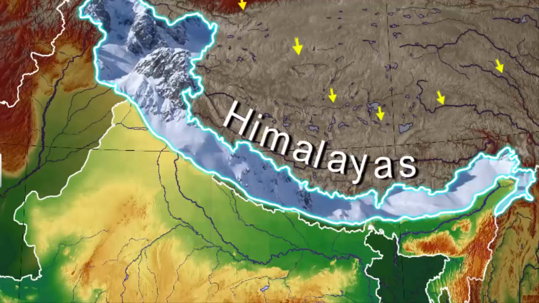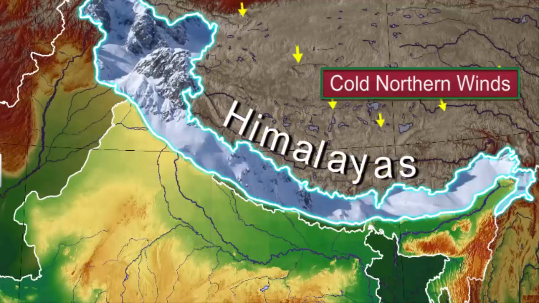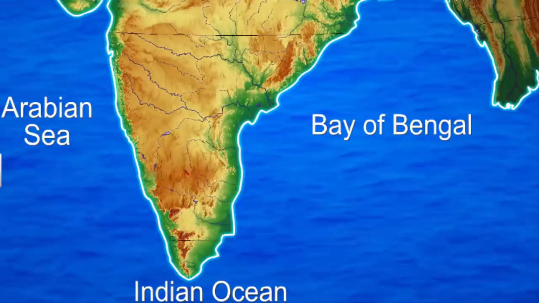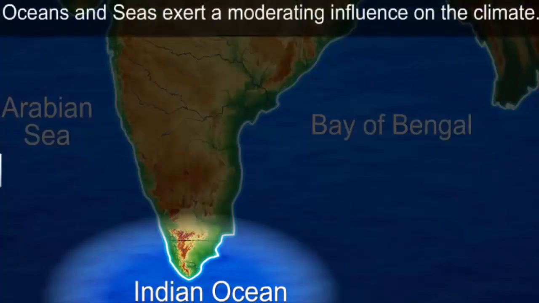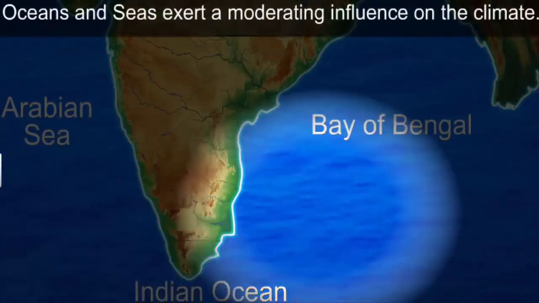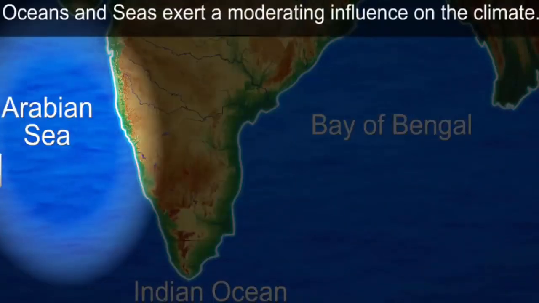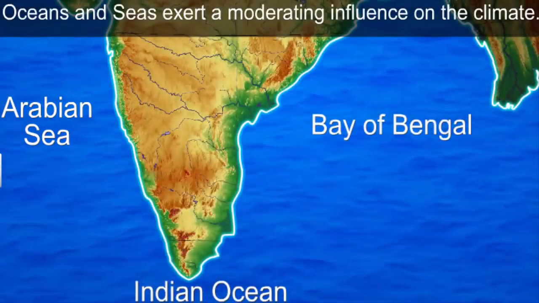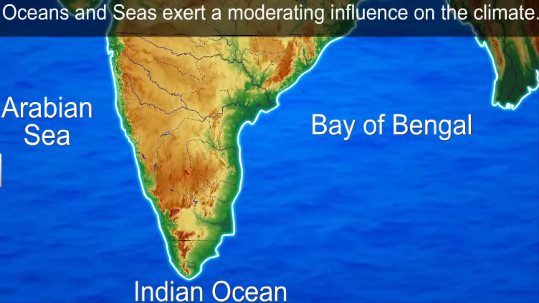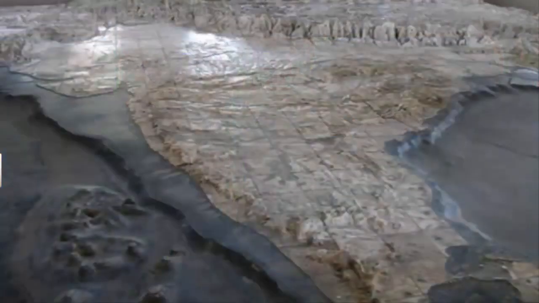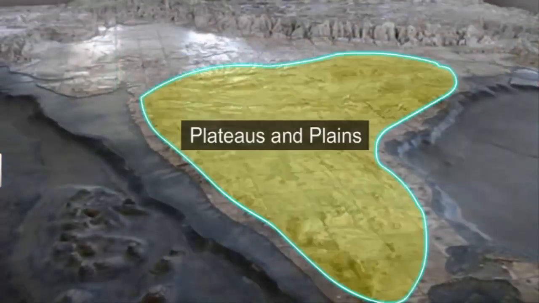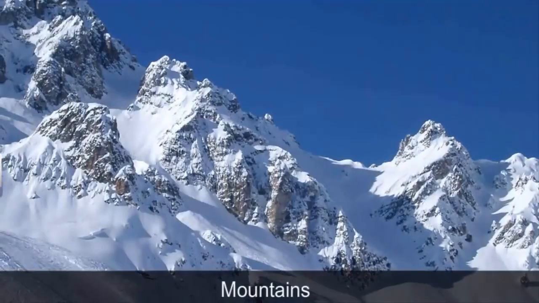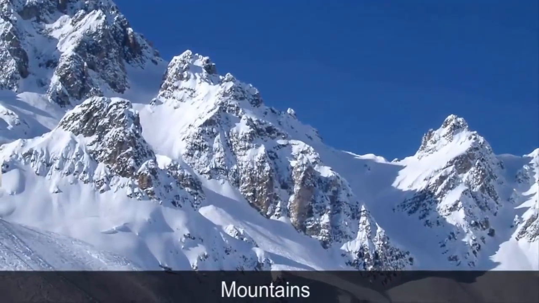On the remaining three sides, it is surrounded by oceans and seas that exert a moderating influence over the subcontinent. However, due to its diverse topography, a wide range of climatic conditions that vary greatly from region to region and sometimes even from day to night can be experienced.